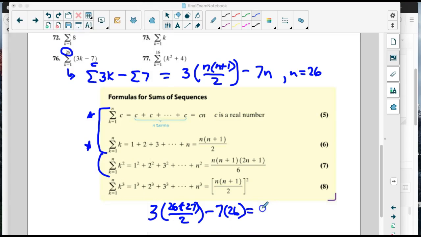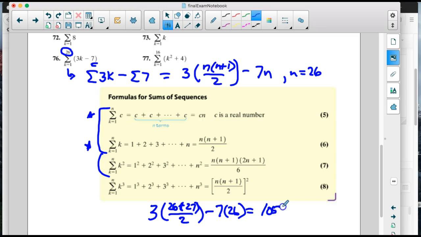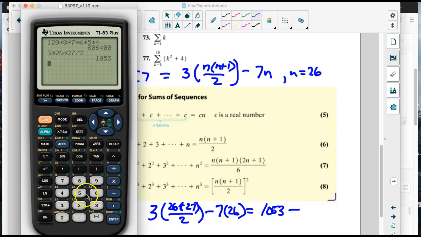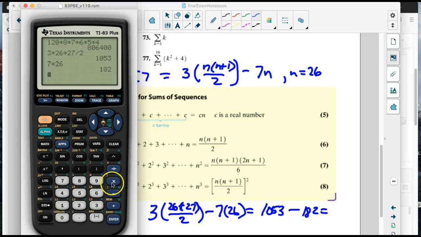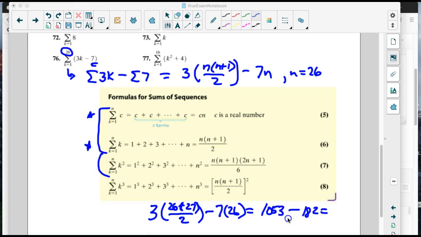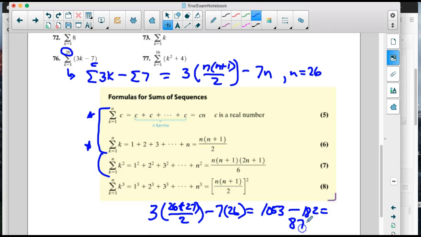That's going to be 1053, minus 7 times 26, which is 182. And we're going to get 871. I subtracted them in the wrong order on the calculator, so it gave me negative 871, but it's 871.